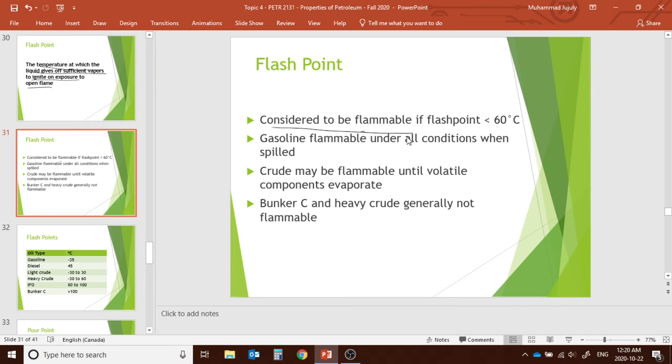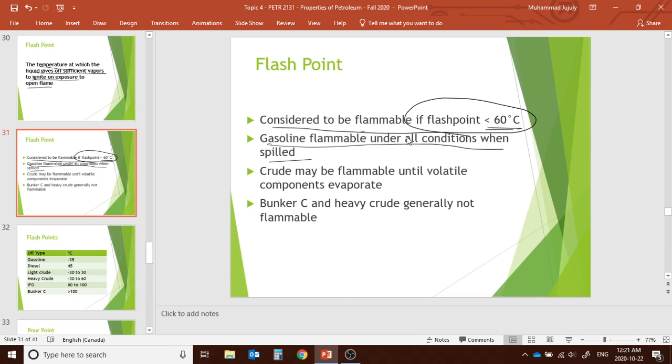It is considered to be flammable if the flash point is less than 60 degrees Celsius, because on some occasions the temperature could go beyond 60 degrees Celsius, then there could be an auto ignition. Gasoline is flammable under all conditions when it is spilled. So this is very, very dangerous.